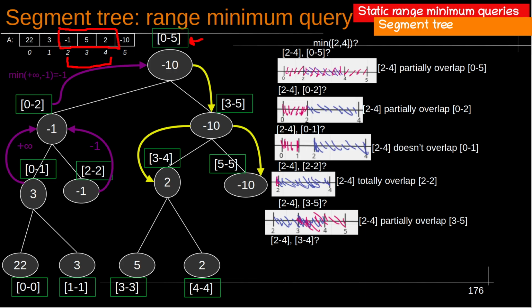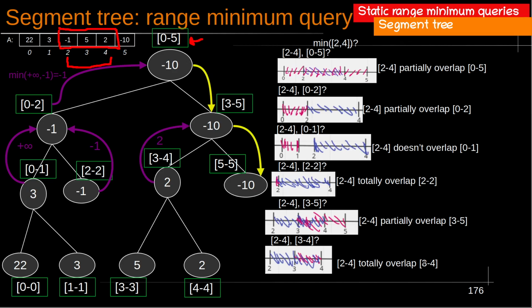2, 4 and 3, 4. You see here, 3, 4 is completely inside 2, 4. So we have a total overlap. So we return here the value of that node, 2. We check the right side of this node.